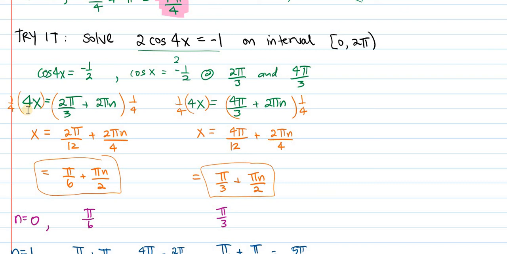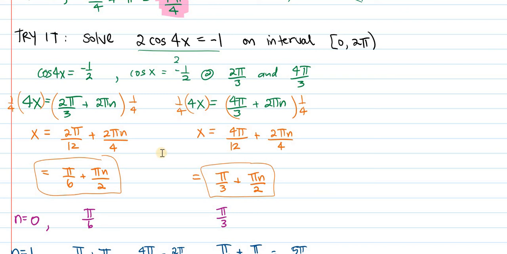So we now can write 4x equals 2 pi over 3 plus our domain 2 pi n, or 4x equals 4 pi over 3 plus our domain 2 pi n. On both of these, we're now going to solve by dividing by 4 on both sides. So we end up with these two general solutions: pi over 6 plus pi n over 2, and pi over 3 plus pi n over 2.